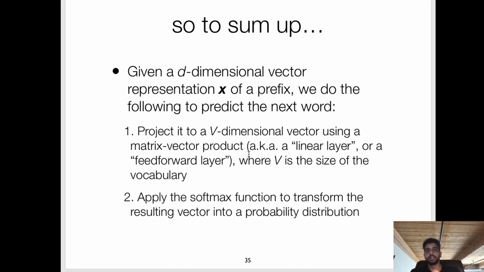There are many different names for this projection step, but in all cases we're just doing a matrix vector product. And the goal is to transform this representation that we have as input to a desired output space. So in this case, we want a v-dimensional output space. And the second step, once we get this vector, is to simply apply the softmax function to get it into a probability distribution.